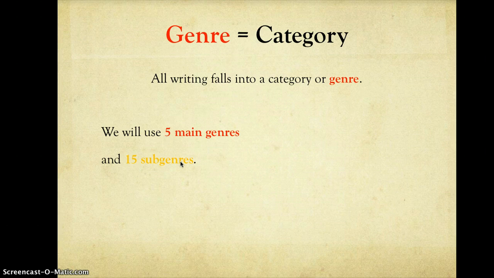There are just hundreds of different genres and subgenres out there, and I'm going to simplify this a little bit and really talk about five major ones and 17 subgenres that are probably the most prevalent out in classrooms and in real life.